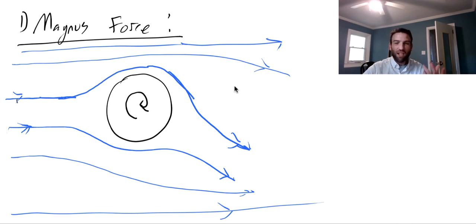So this spinning object is basically helping to move some of the boundary layer of air that's right next to the soccer ball along with it. And that gives us this asymmetric pattern of flowing air. If you think about the paths that this flowing air is taking as it moves around the ball, as I go the long way around, this way, the air has to bend around more of the ball.